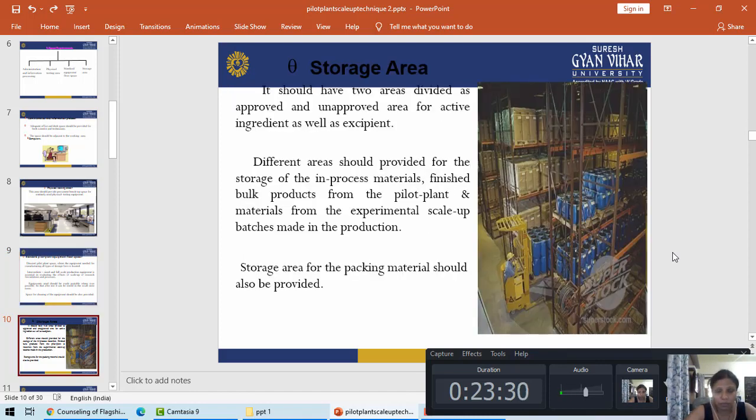Storage area or the quarantine area, we have discussed it should have two areas divided. This is a very important thing: in any pharmaceutical company, whether it is the research department, the pilot plant scale up department, or the manufacturing department, the storage area is divided into two areas.